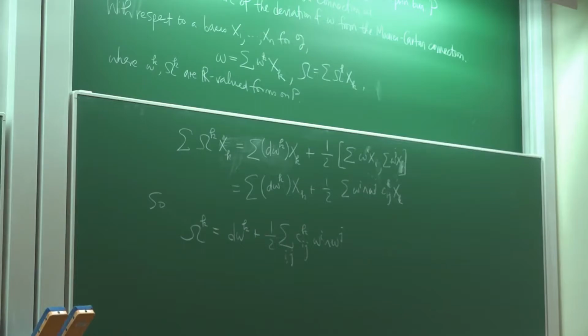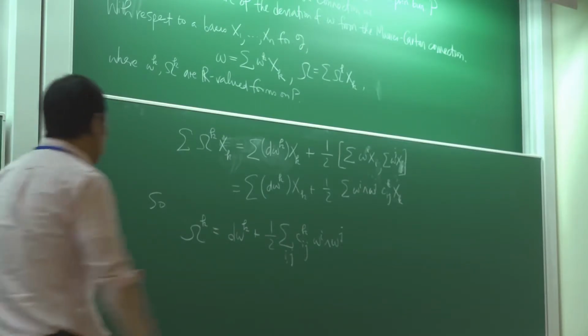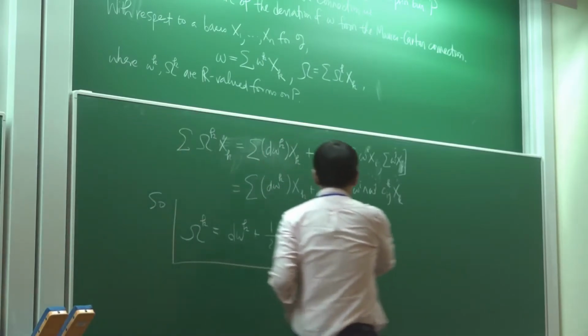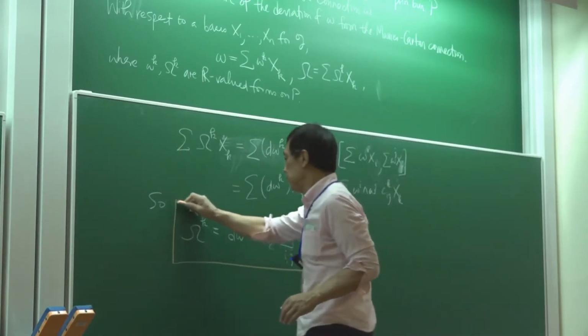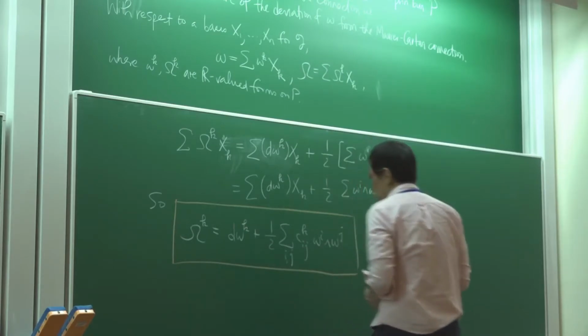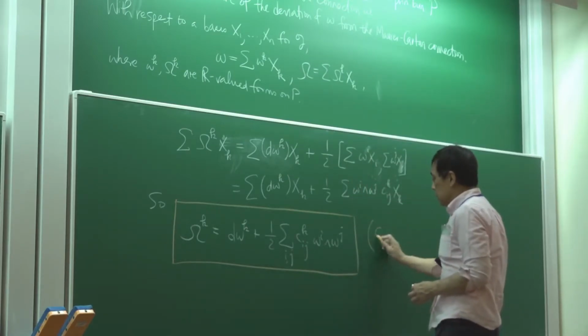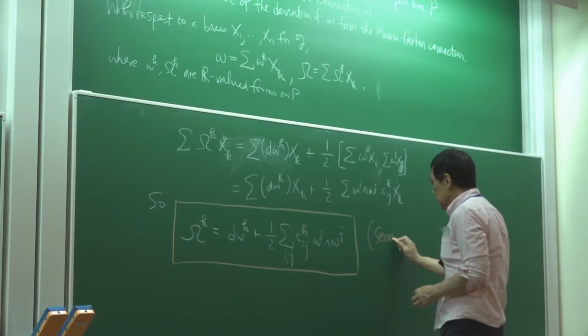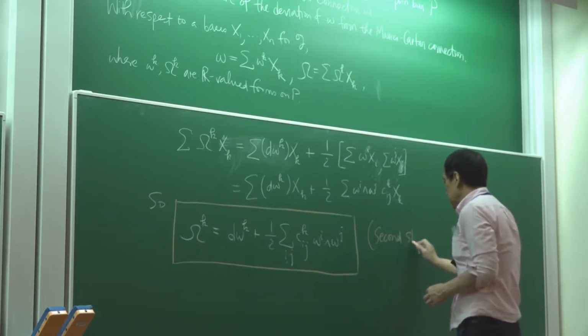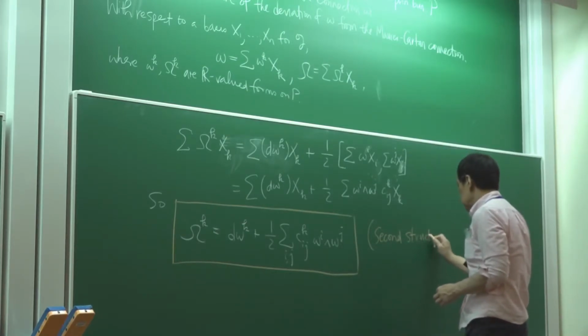Now, okay, so this is the definition of the curvature Omega. It's also called the second structural equation.